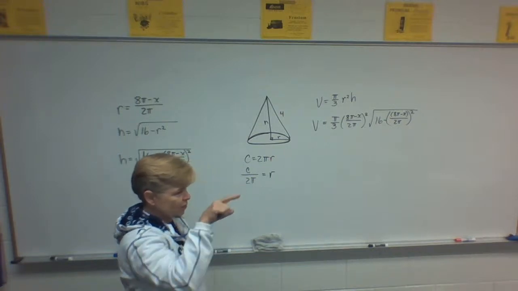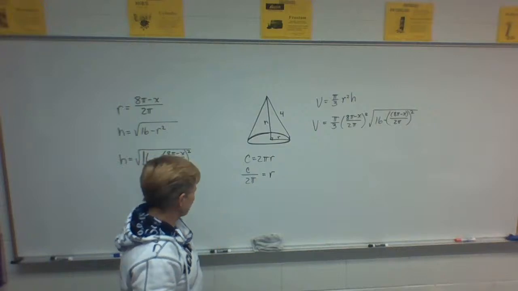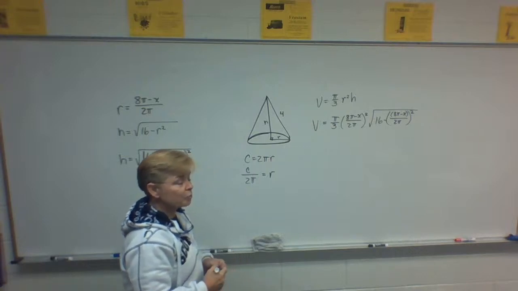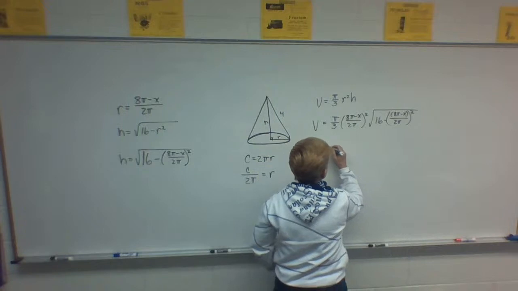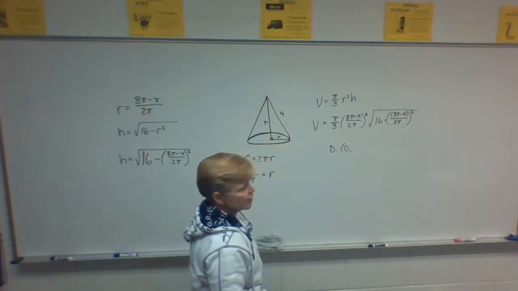It's that little piece of arc, the length of that arc that we cut out. And so what's the minimum that can be? The answer is 0 when you've got a flat piece of paper and no cone. It can't be any less than 0. So the domain for x, the x values that work, is going to go from 0 to, now what's the very most that x can be?